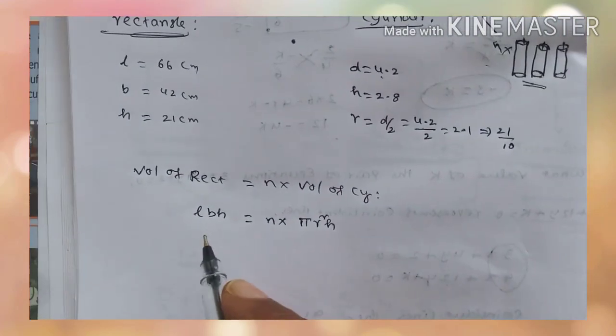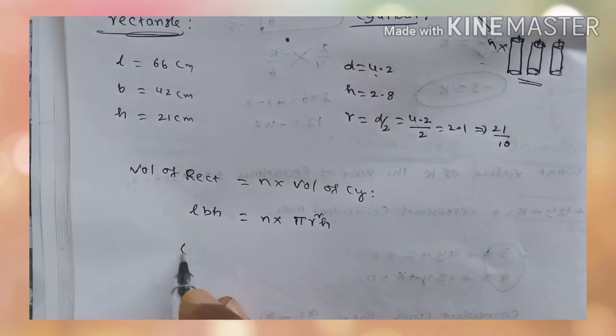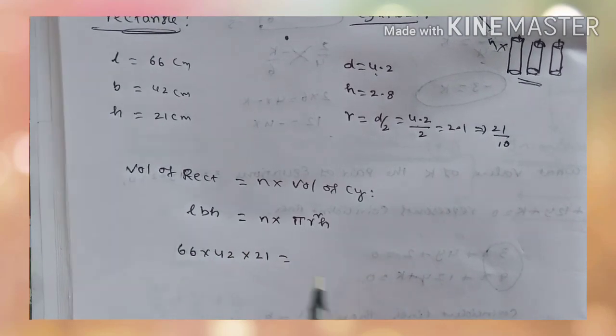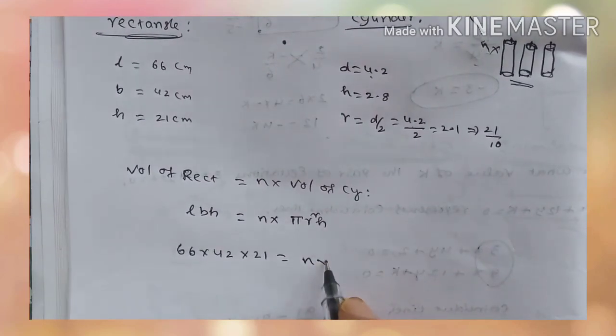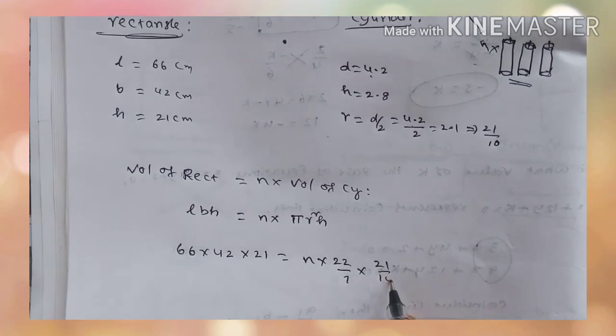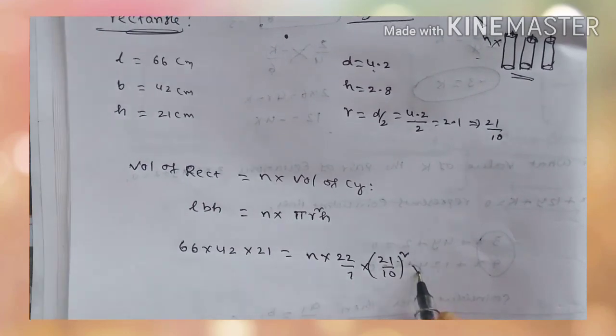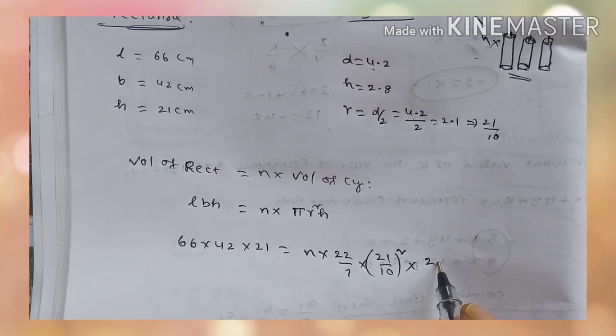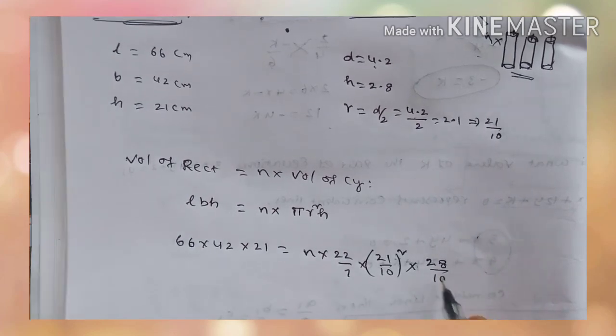Now substitute these values: L value 66, B value 42, H value 21 is equal to n into pi value 22 by 7, r value 21 by 10 whole square, into h value 2.8, which you can write as 28 by 10.